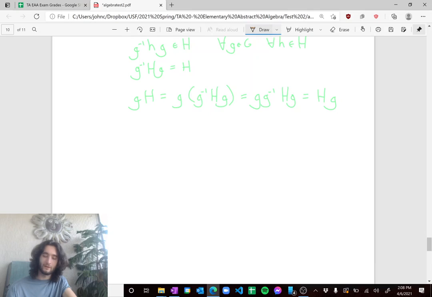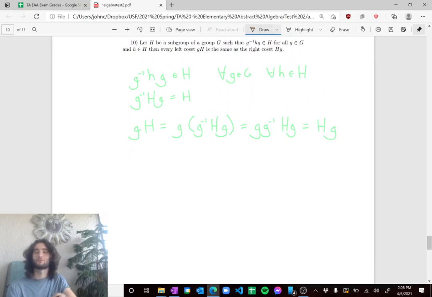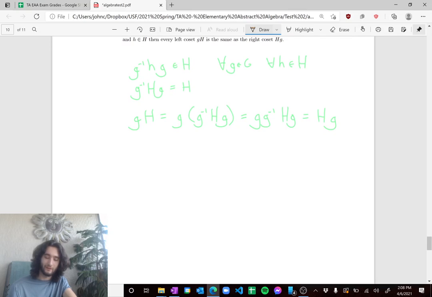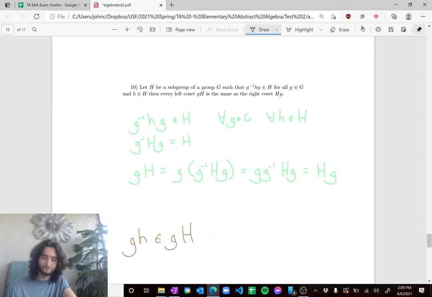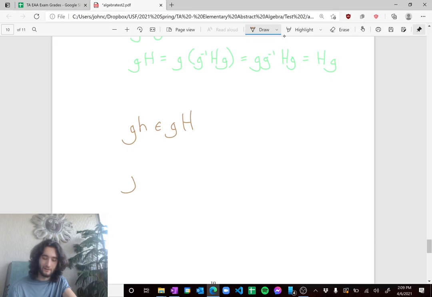You can show both of them are subsets of the other. You say, pick a gh in gH, and give it one of these clever maneuvers. I saw a lot of people do this. You give it a g inverse g like that.